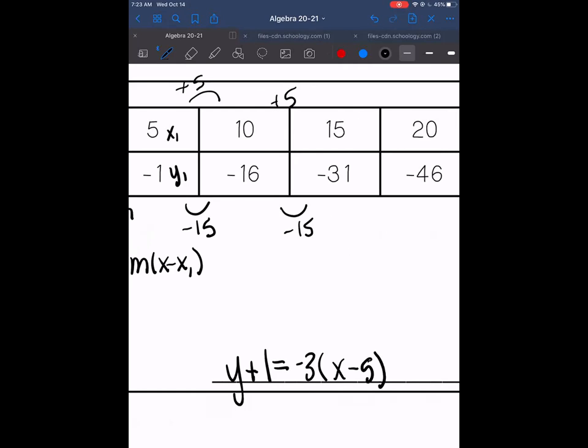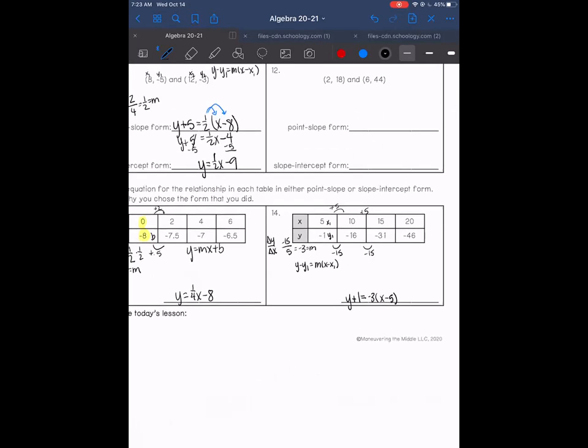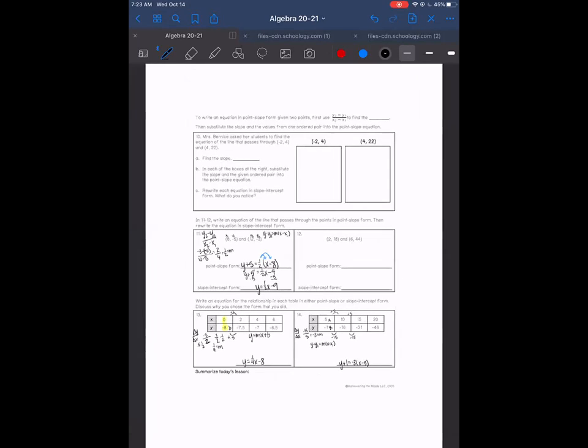So that's how to write it from a table, going to point slope form. I get the words confused because they're very similar, but point slope form.